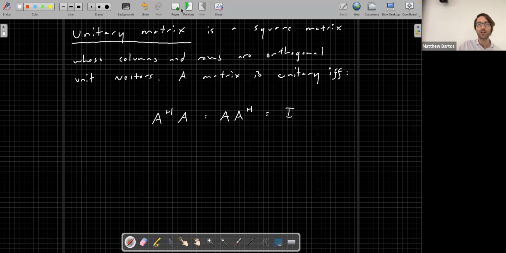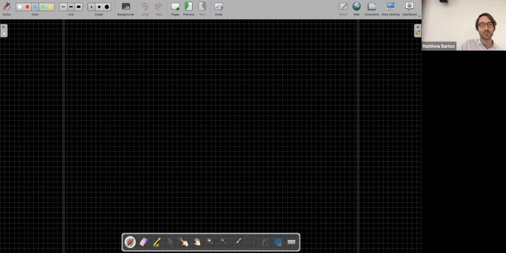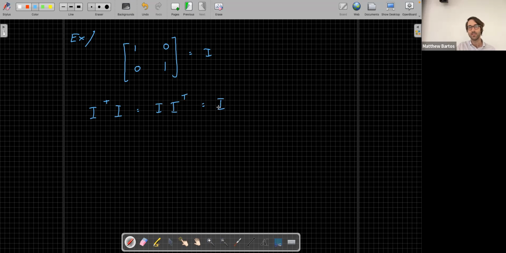All right, so let's go through a couple quick examples. Probably the most simple example of a unitary matrix is the identity matrix. Okay, we can see that I transpose I is equal to I I transpose is equal to I. Okay, so the identity matrix is a unitary matrix.